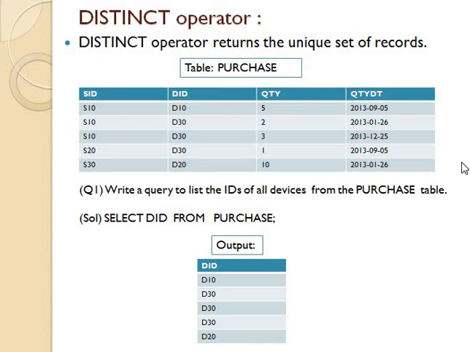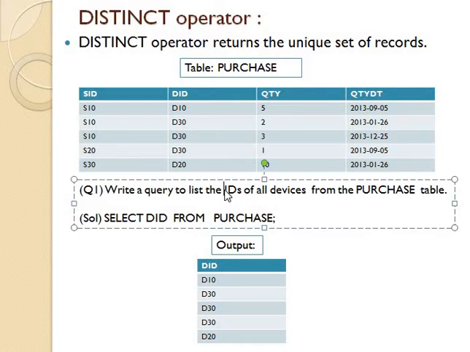Now, based on this table identified by the name purchase, with 4 different columns which are SID for the student ID, DID for the device ID, QTY for the quantity, and QTY DT for the quantity purchase date, there is a question below. The question says, write a query to list the IDs of all devices from the purchase table.